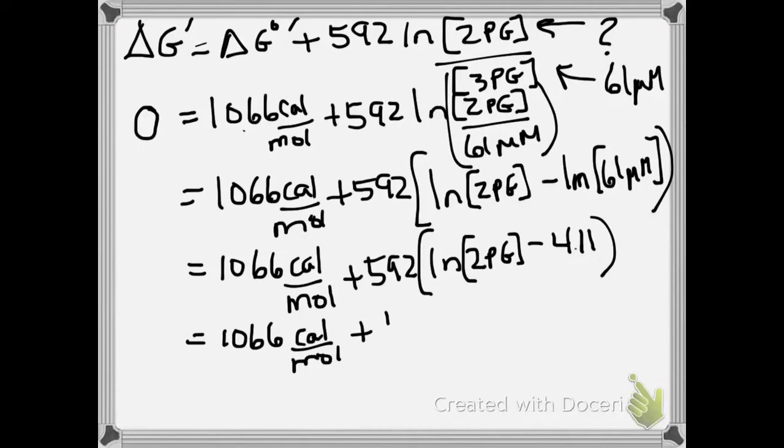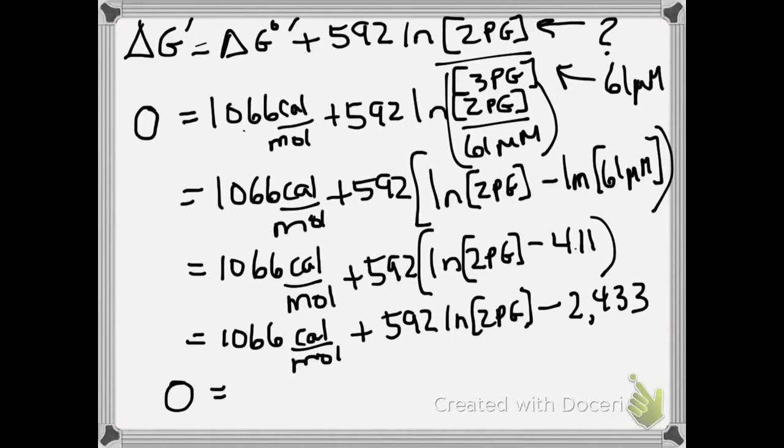We have plus 592 times the natural log of 2-PG, and then we have a minus 2,433. 0 equals minus 1367.